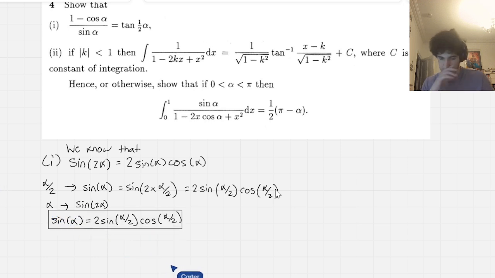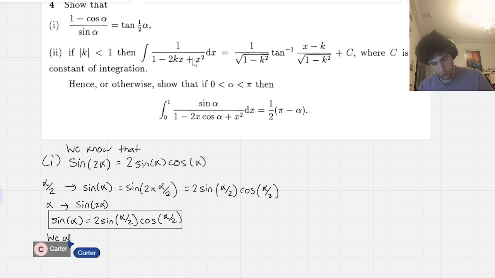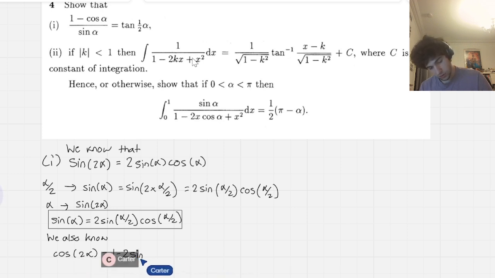What about 1 minus cosine alpha though? What is that? Well, we also know that cosine of 2 alpha, so I've thought about sine of 2 alpha, what's cosine of 2 alpha? That's 1 minus 2 sine squared alpha, right?